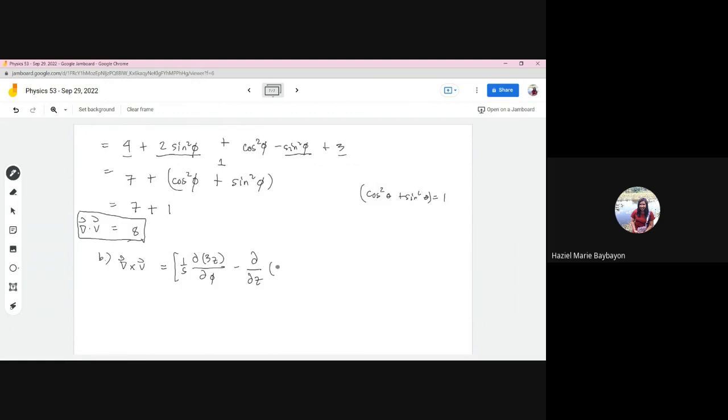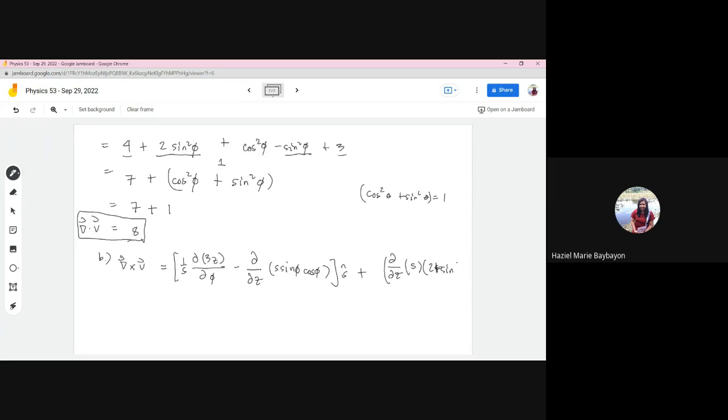So you have S sine phi cosine phi S hat. And then the second term is partial derivative with respect to Z of V sub S. So your V sub S is S multiplied by 2 plus sine squared phi.